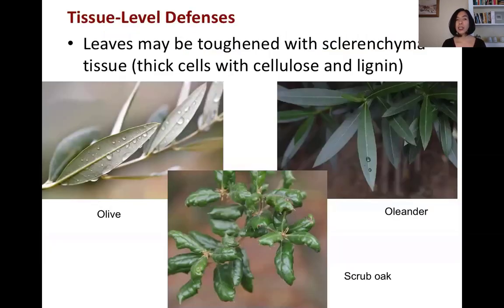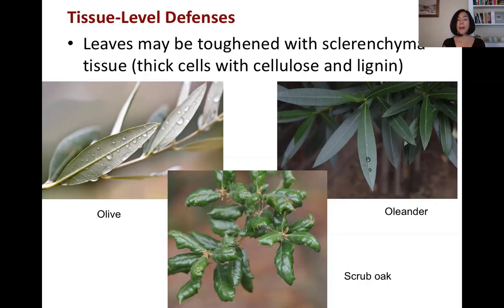So for us, the trichomes look beautiful, velvety, but they are actually a very efficient defense against some of these predators. At the tissue level, we can have the thickness of certain cells. We can think about the leaves and how in some plants they are very thick, and that is the result of the toughness of the cell walls in these cells, from increased cellulose and lignin.